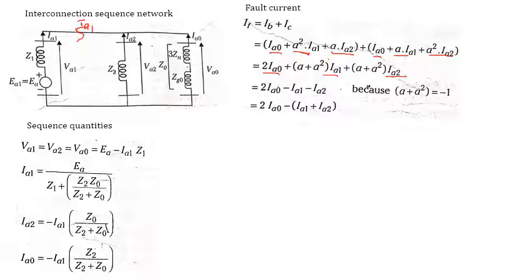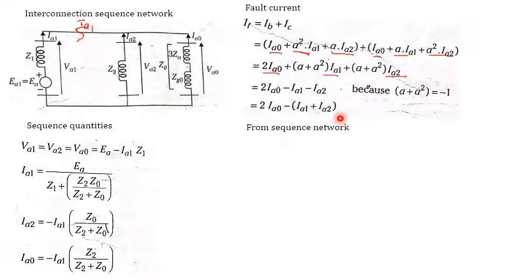We already know that 1 plus A plus A square is 0, so A plus A square becomes minus 1. Substituting, we get minus IA1, and similarly minus IA2. The common factor is minus, so we can write it as minus (IA1 plus IA2).